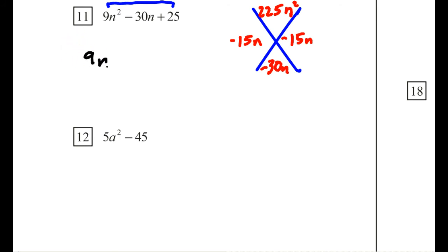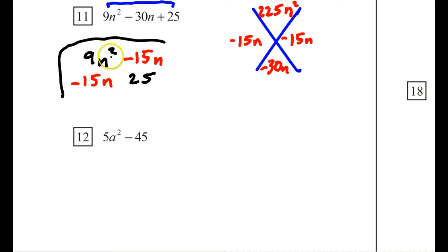So we're going to use the box on this one. Some people like the box, some people don't. Just depends on what works best for you. We got 25. All right. GCF here will be 3n. We'll get 3n on the top as well. GCF here looks like 5.